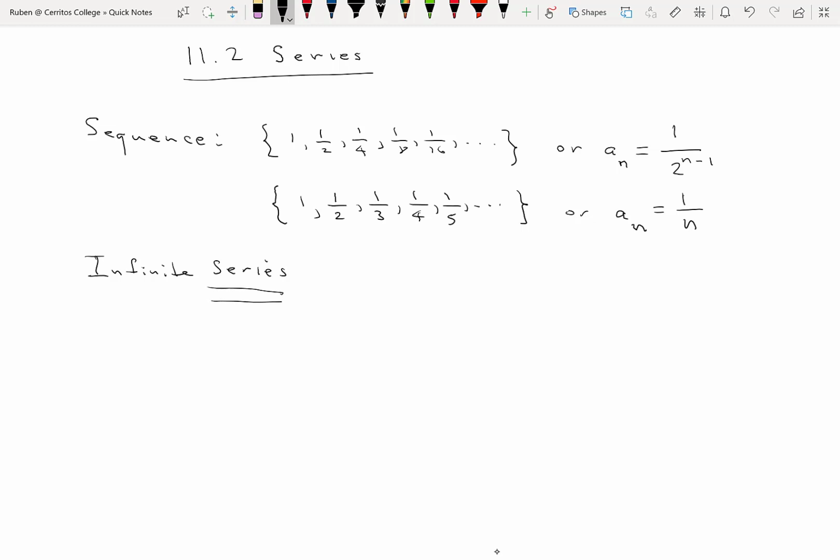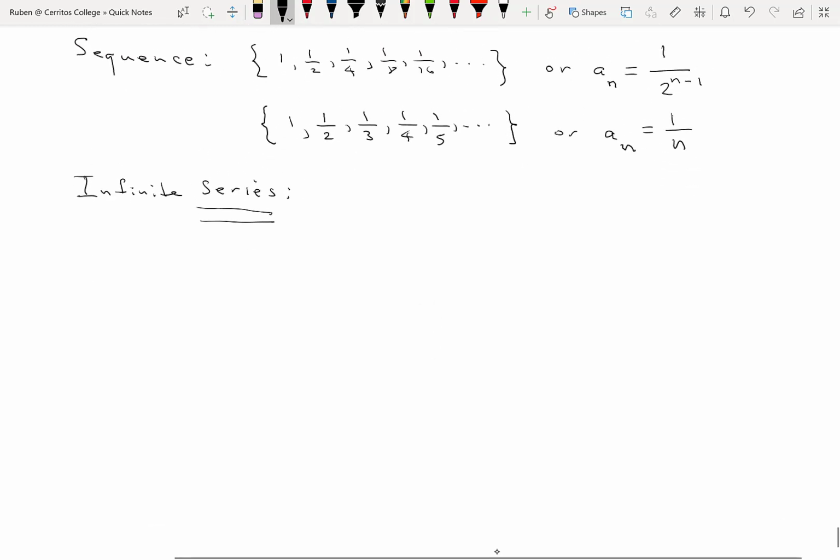We don't have to use the term infinite when describing infinite series. In fact, most often we just say series. A series is nothing more than the sum of the terms in a sequence. When you take all the numbers in the list and add them up, you get what's called an infinite series, or more plainly, a series.